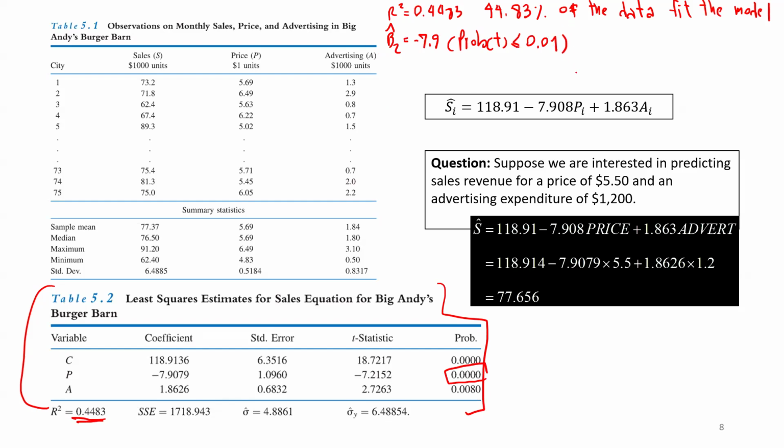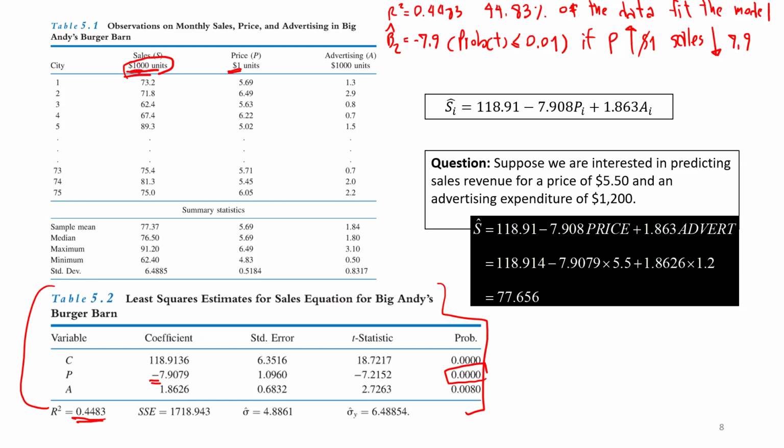This means if price increases by $1, the sale will decrease, yes, it's minus, by 7.9 in units of 1,000. It depends on the data actually.